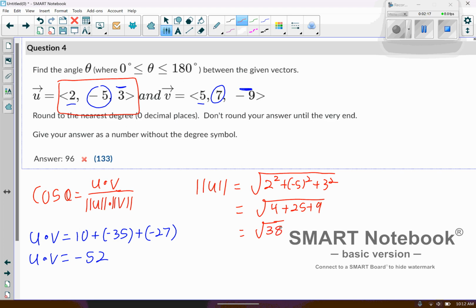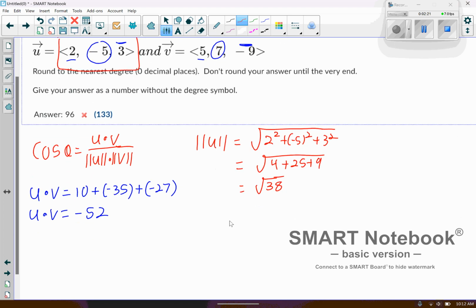I'm missing just one last piece, and that would be the magnitude of v. We'll do the same thing here. We get the square root of 5 squared plus 7 squared plus negative 9 squared.